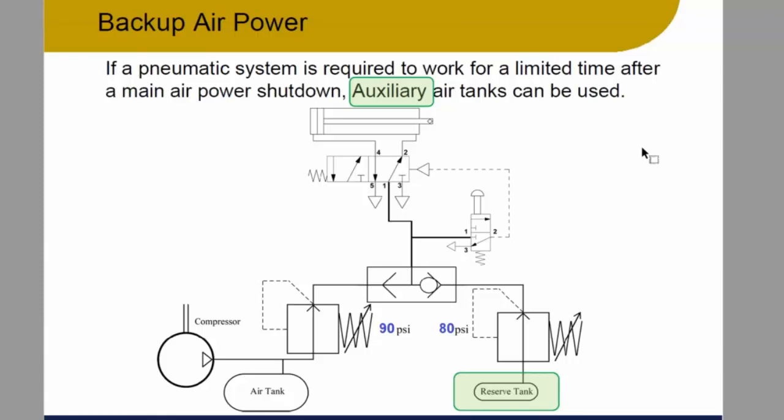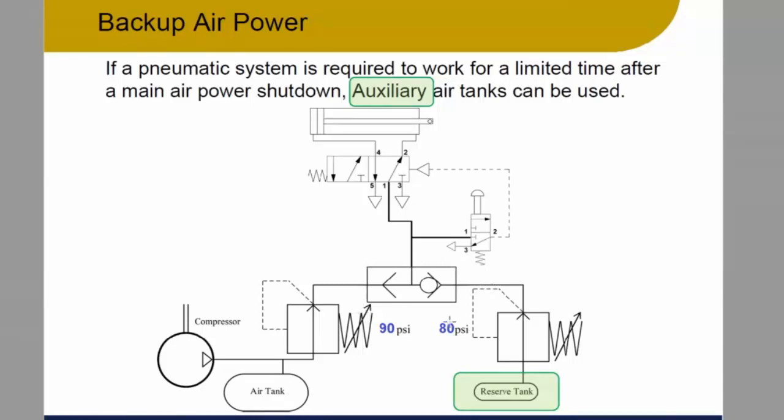Unless those 3 actuators do their thing, maybe it's heated up and it has to be done within 4 or 5 seconds. We have to make sure that the whole thing still runs, even if the power goes down in the middle of it. What happens here is we have a backup tank, which is really cool.